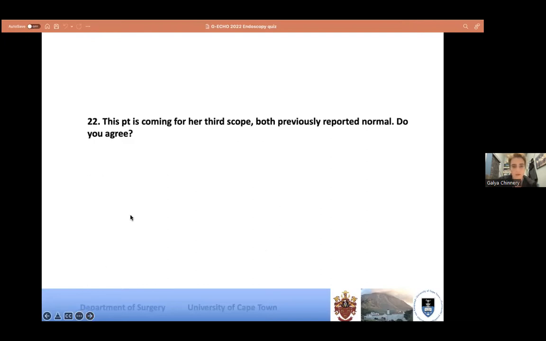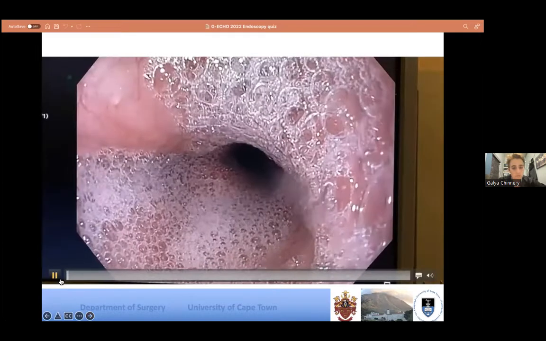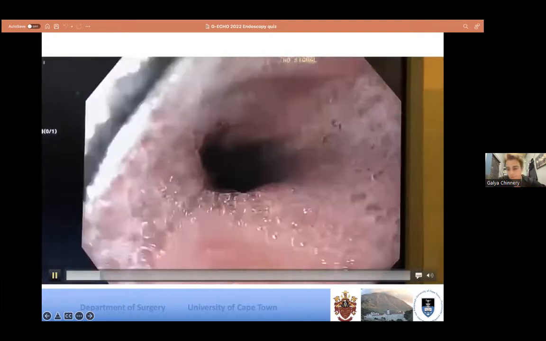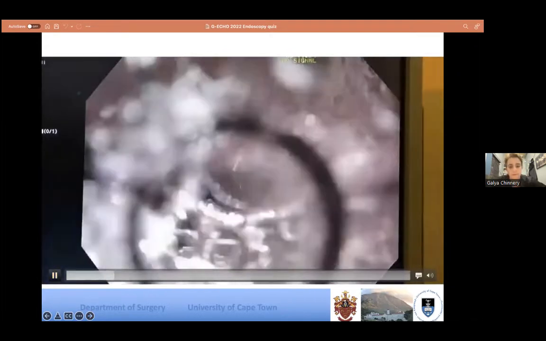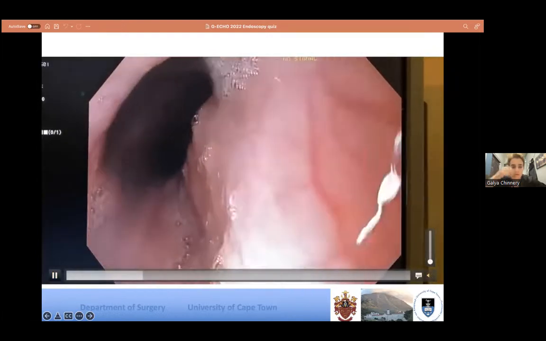Okay, we're almost done. This lady is coming to you for her third scope. Both previously have been reported as normal. My question to you is, do you agree? So that's the esophagus.